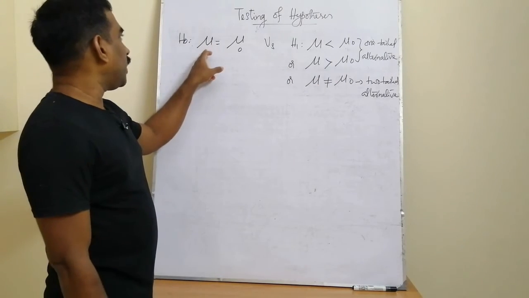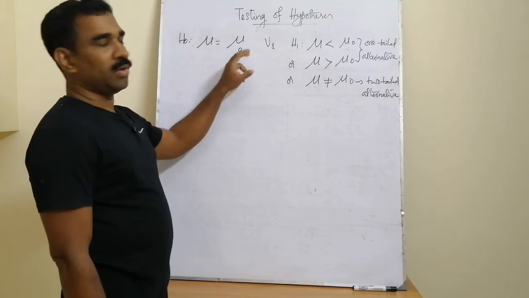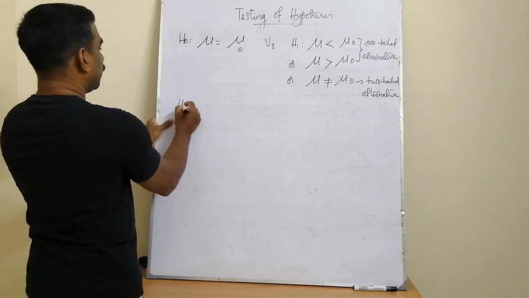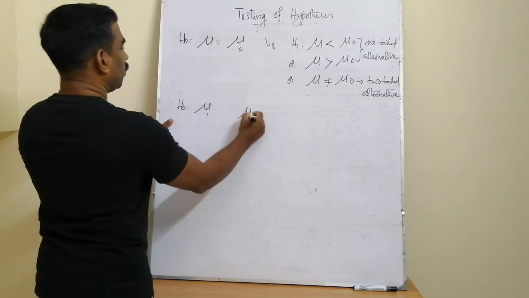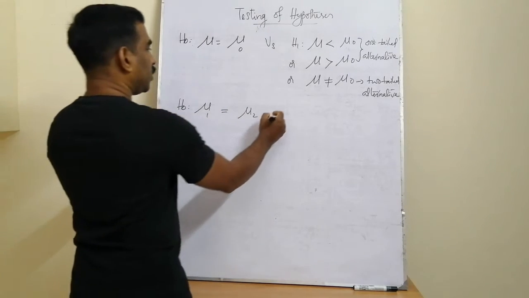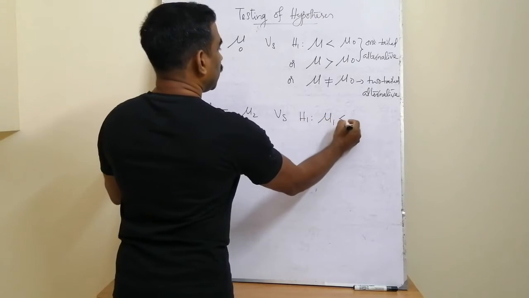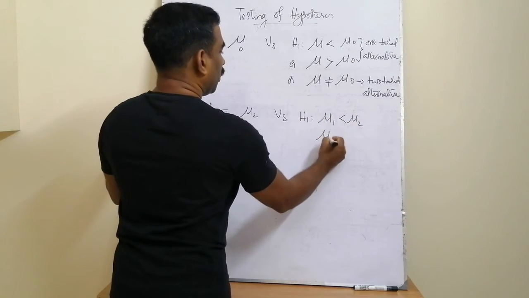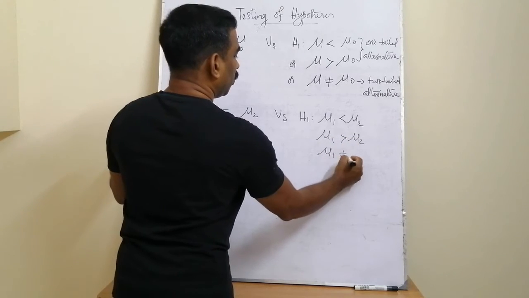So this is the case in which we are testing a specific value of a population parameter, for example mu as mu naught. Whenever we are comparing two populations with population parameters, say mu1 and mu2, we have the null hypothesis mu1 equal to mu2 against the alternative hypothesis H1: mu1 less than mu2, mu1 greater than mu2, or mu1 not equal to mu2.